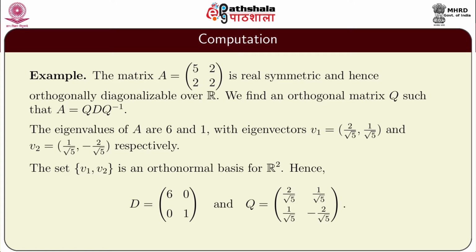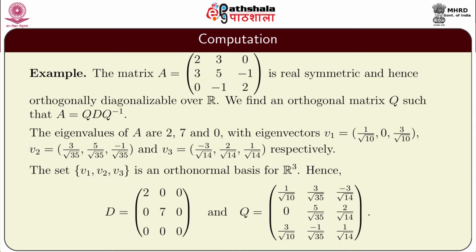Once again, Q is orthogonal because the columns of Q are precisely the vectors appearing in the orthonormal basis for R2. One more example, a 3 cross 3 real symmetric matrix given by 2 3 0 in the first row, 3 5 minus 1 in the second row and 0 minus 1 2 in the third row. This is orthogonally diagonalizable over R.